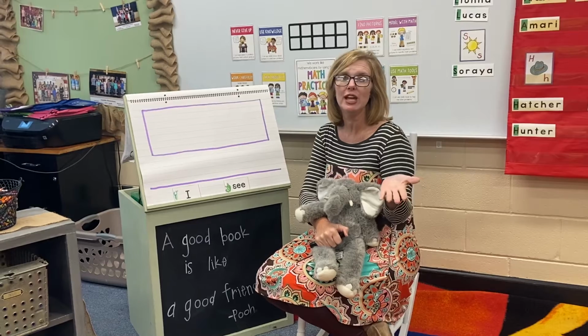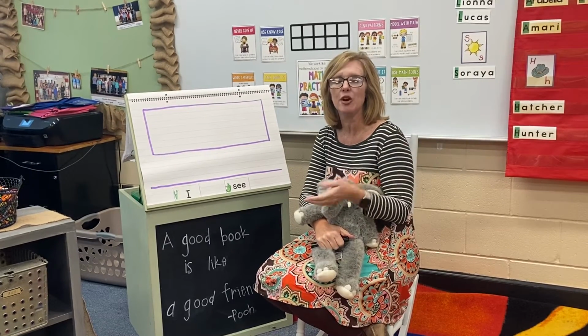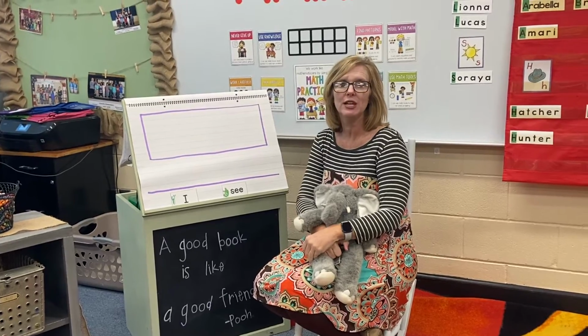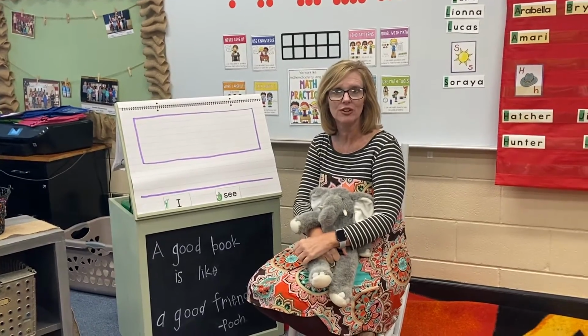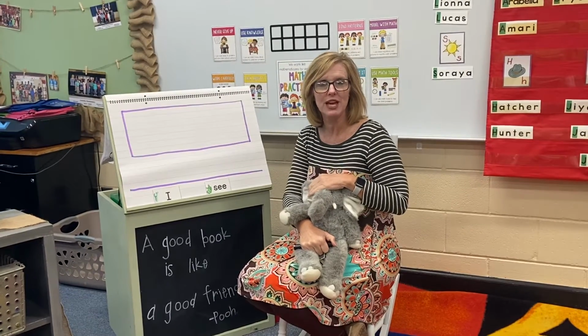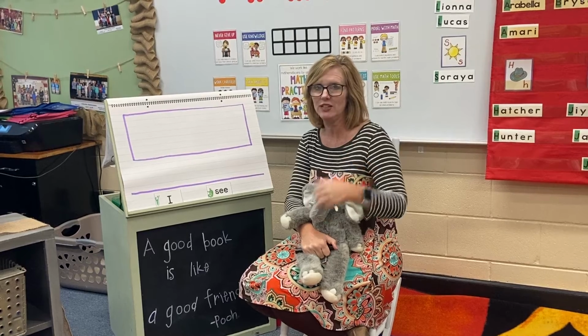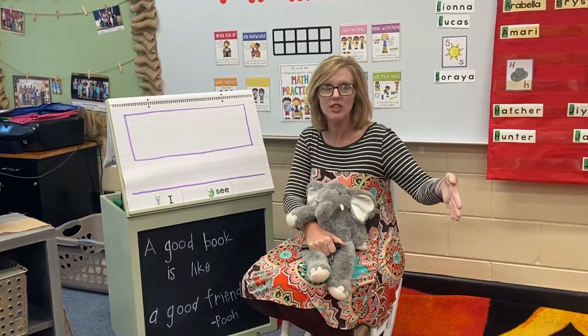So if your name is Arabella, you're going to write, I see Arabella. Or if your name is Hunter, you're going to write, I see Hunter. So you're going to put your name where I put Mabel's name. Okay, does everybody understand that? Okay, so we're gonna write I see and then your name.